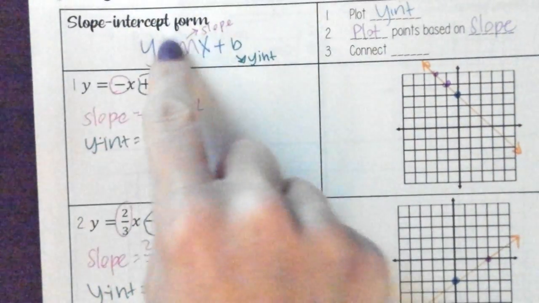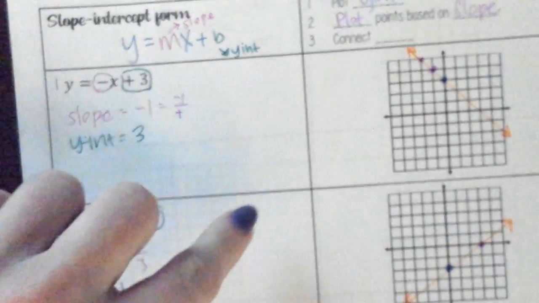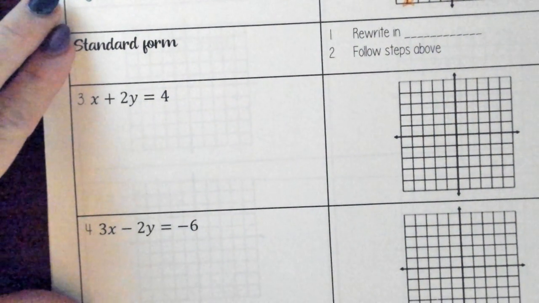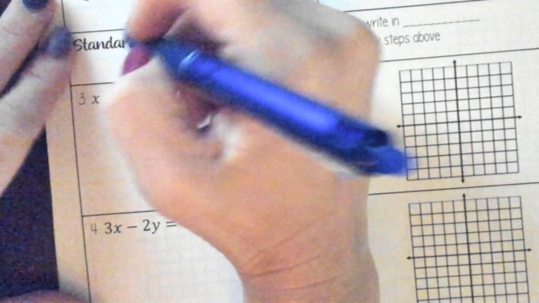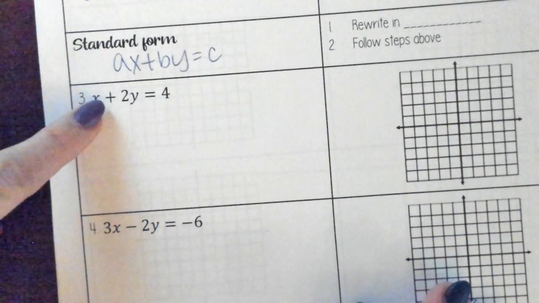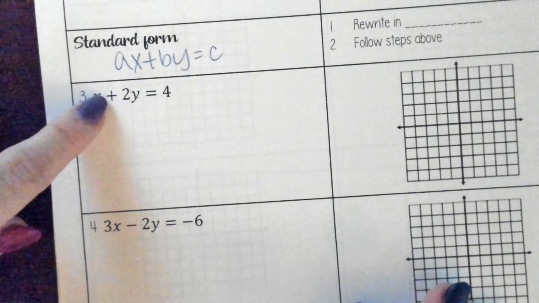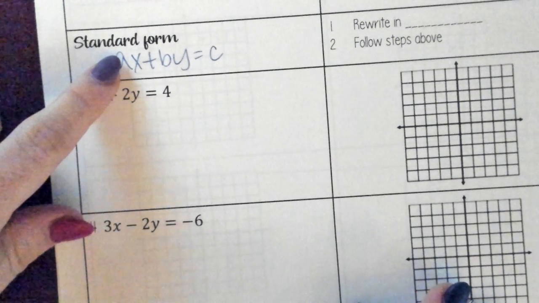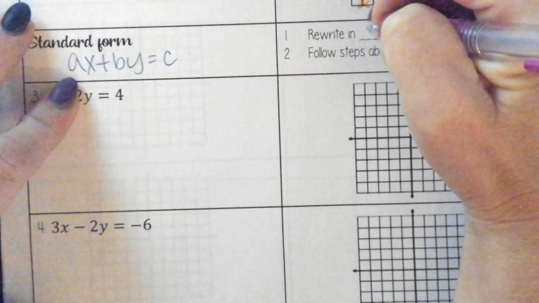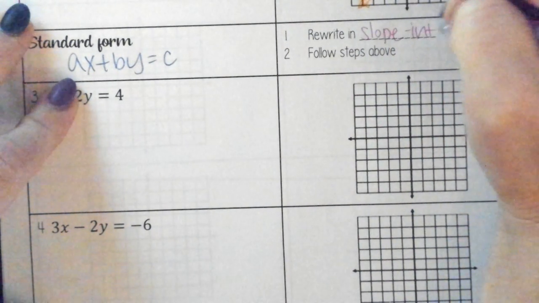Alright, so if we are given slope-intercept form, identify your slope, identify your y-intercept, plot your y-intercept, plot points based on slope. If we are given standard form, which is this form right here, ax plus by equals c, so both my x and my y are on one side of the equal sign, then our steps here are not as easy, but we need to rewrite in slope-intercept form.